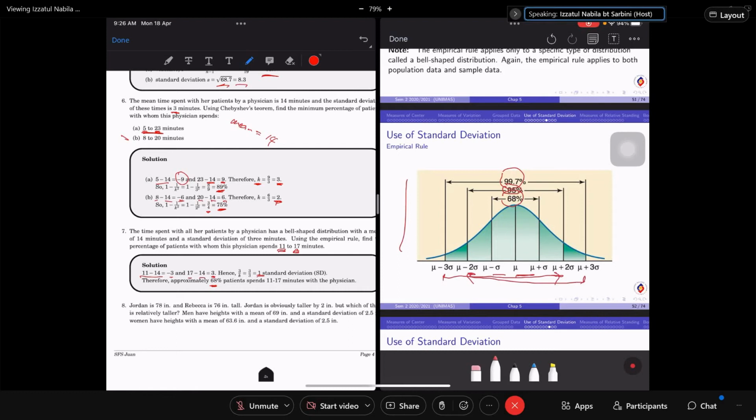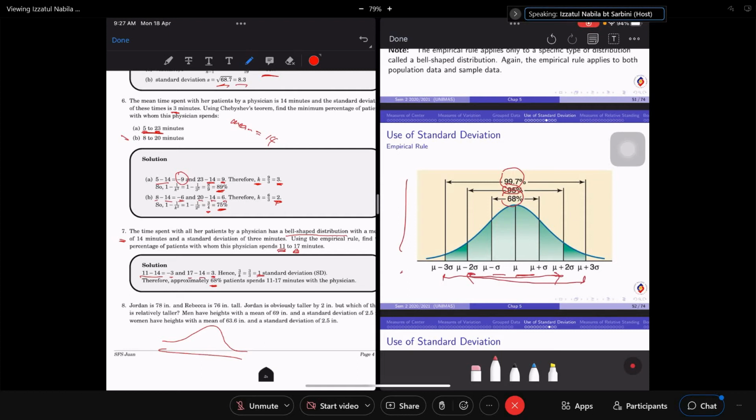For example, question 7 just now, you guys can see my slide, right? Okay, for question 7, it is mentioned here that it is a bell-shaped distribution. Bell-shaped distribution means normal distribution. If it is bell-shaped, it looks like this. Whenever it is a normal distribution, you can use this empirical rule.